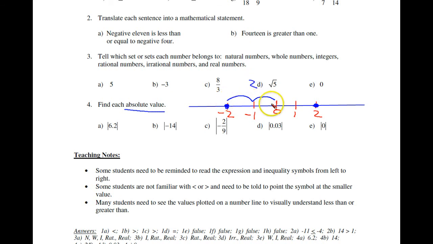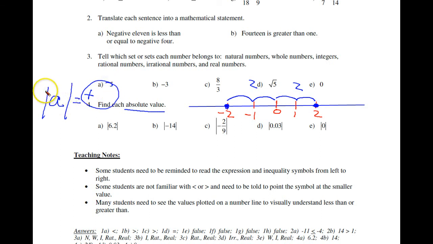So the absolute value is the distance that something is from 0. So if it's negative, the distance is going to be a positive distance of 2, and 2 itself is a positive distance of 2 from 0. So whenever we see the absolute value sign of any number, it will always be its positive value.